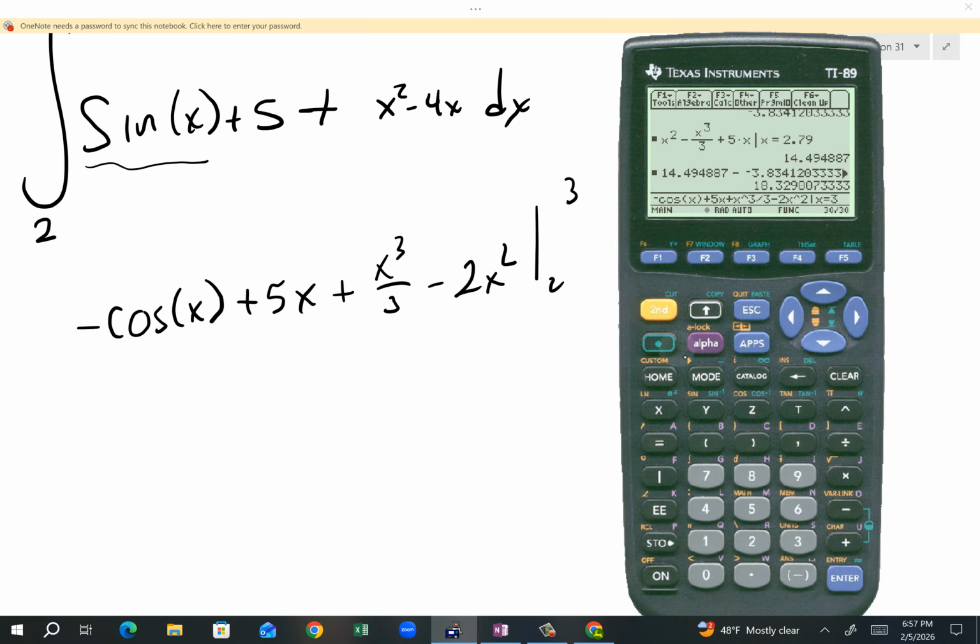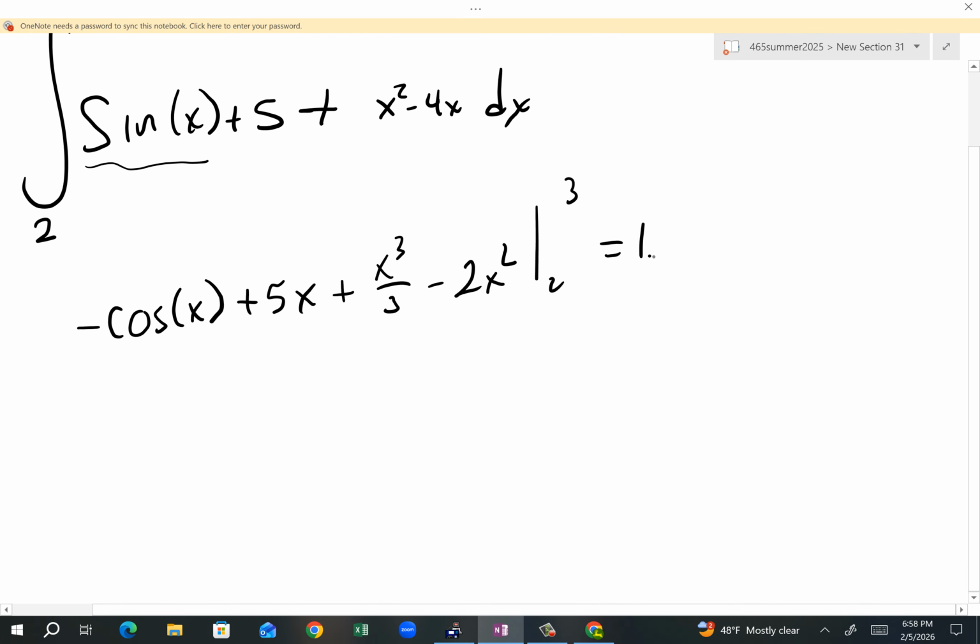And such that x equals 3. Of course, I could just as easily have graphed this on Desmos. So that's going to be 6.98, and the answer is going to be 1.9 when I subtract them.